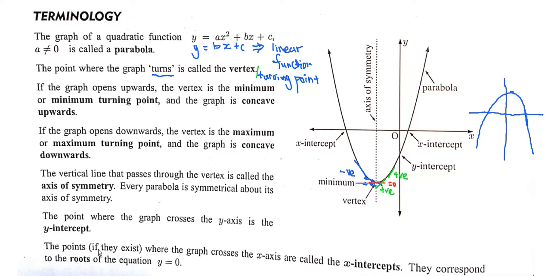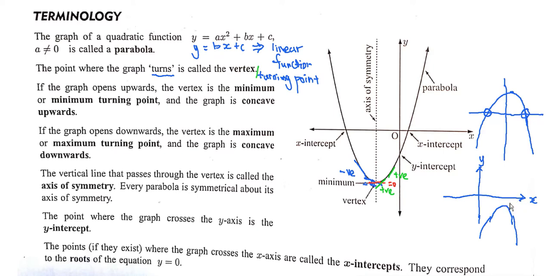Let's look at this statement here. If they exist, what it means is the graph intersects with the x-axis. If we intersect with the x-axis, then there will be an x-intercept. For example, in this case there are two x-intercepts. But there are cases where the graph is only up to here, so it doesn't intersect with the x-axis.